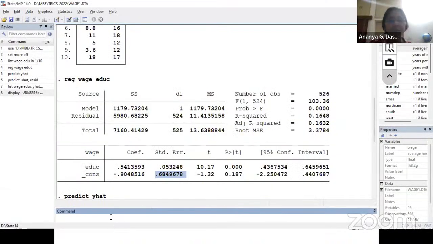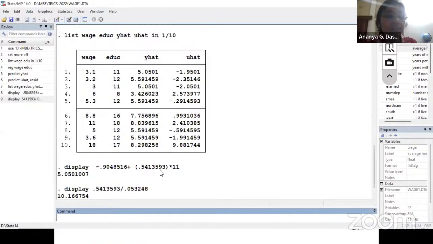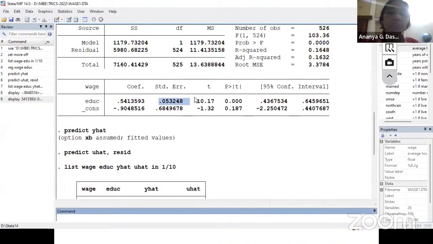If you look at this particular t statistic, 10.17, how are we going to get it? Well, we simply divide this coefficient by the standard error. What you get is 10.166, or 10.17. So that's exactly what this t-stat is.